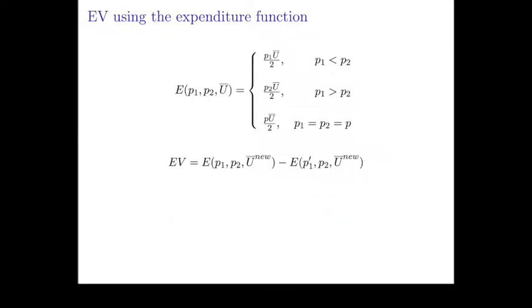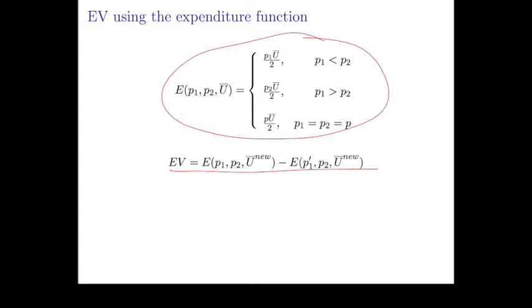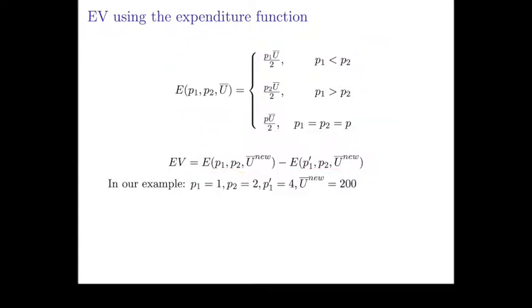Okay, now we've got this expenditure function. So now, if we remember this formula, we can calculate very easily the equivalent variation. We just plug in p1, p2, p1 prime, and the new utility. The equivalent variation is the expenditure at the prices 1, 2 to get to utility 200, minus the expenditure at the prices 4, 2 to get to the utility 200.